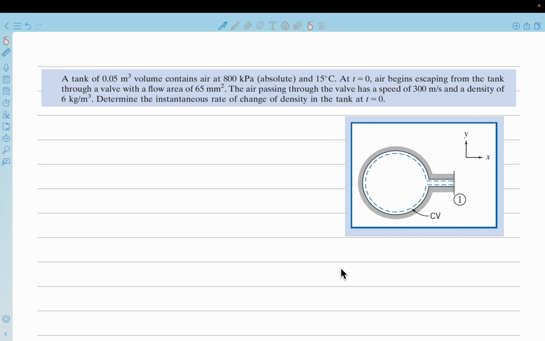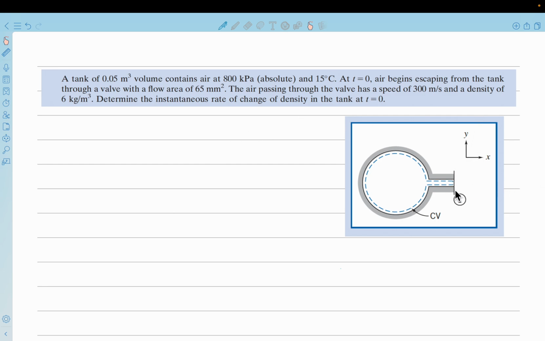So we have a tank over here, and again, tank is a rigid boundary. So in this tank of 0.05 meter cube volume, there is air at 800 kilopascal pressure and 15 degrees Celsius temperature. At T equal to 0, air begins escaping from the tank through a valve.